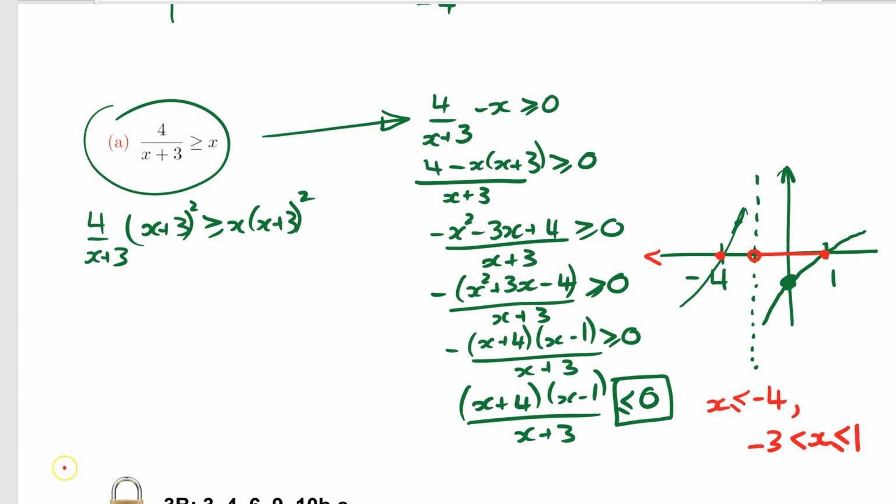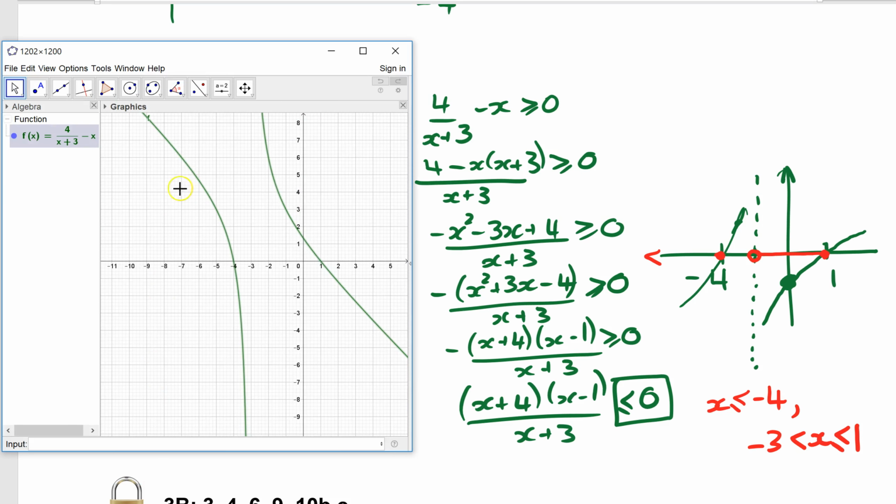I just thought I would show you the actual graph of this, 4 over x plus 3 minus x. And remember, we wanted where that original expression was greater than or equal to 0. So if I can bump that graph up there, this is what that graph looks like, 4 over x plus 3 minus x, which is nothing like this graph because this was just a tool.